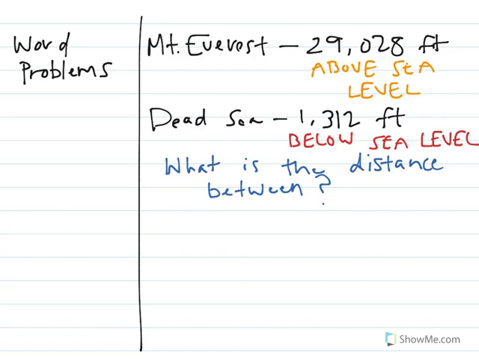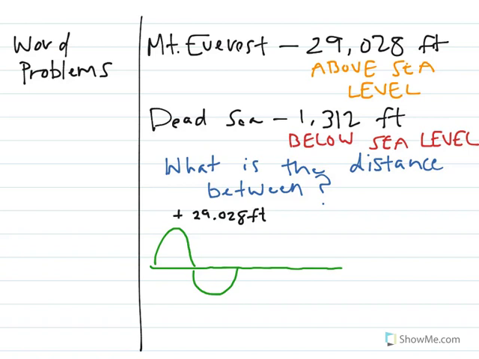So something that I like to do with word problems, if I can, is to draw a picture. So say we've got the Earth here, here's our ground, and we have Mount Everest, and we have the Dead Sea. So we know that Mount Everest is 29,028 feet, and it's positive.